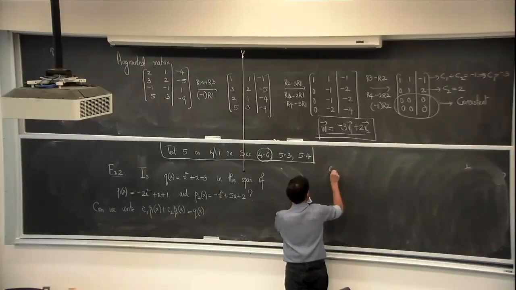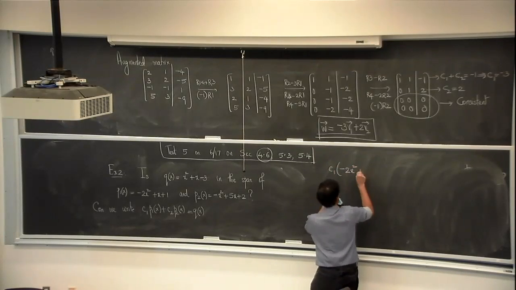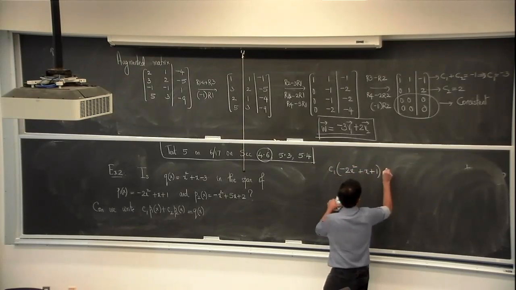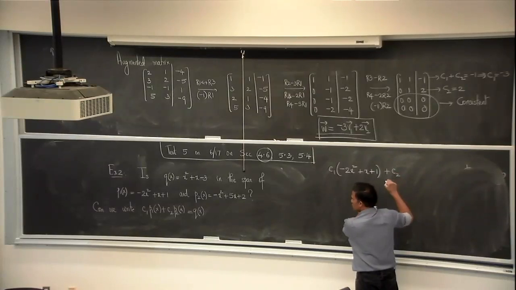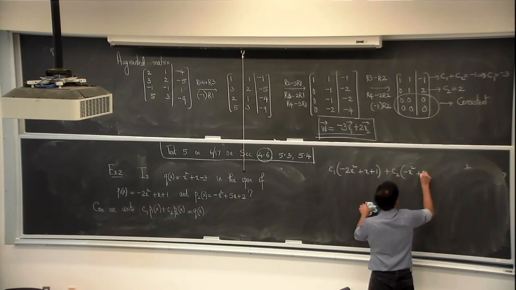So C1 times negative 2x squared plus x plus 1, plus C2 times negative x squared plus 5x plus 2.